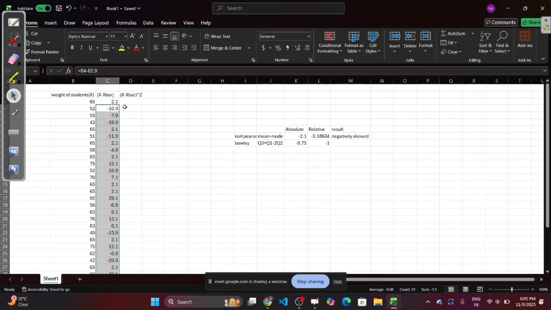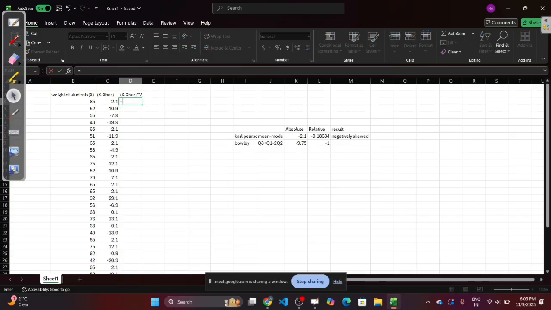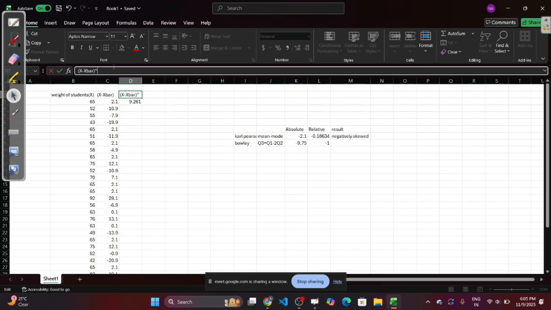Then use the square function of this. You can use the power function, you can also do square. This comma, you need square power. No, you need 3 power. You need (x minus x bar) cube, right? So make this 3 as well. For skewness we need (x minus x bar) power 3.